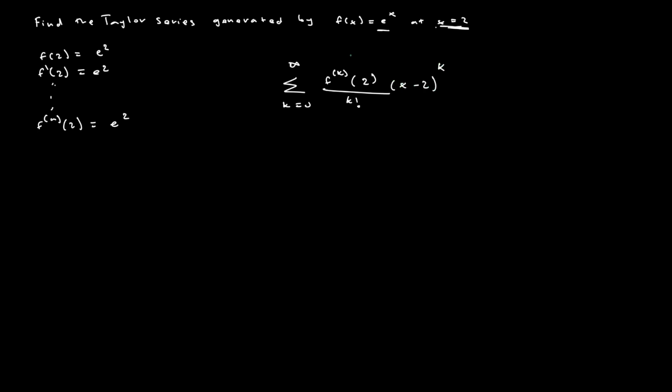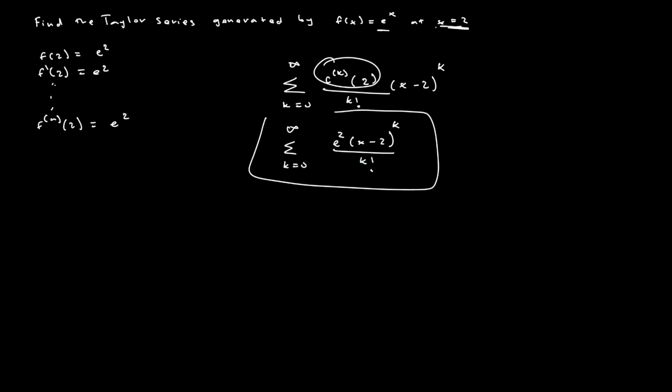Plugging in what we had for this value, we get the sum from k equals 0 to infinity of e squared times x minus 2 to the power of k divided by k factorial. And that's it. That is our Taylor series generated by f of x is equal to e to the x.